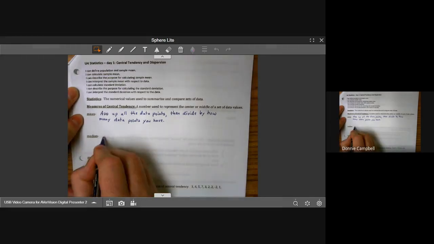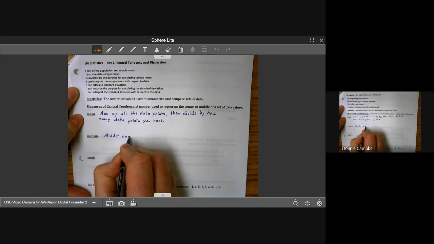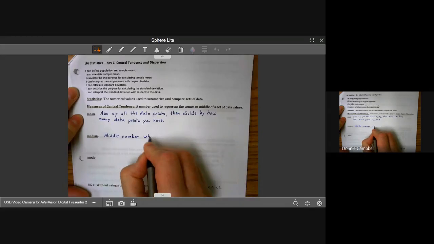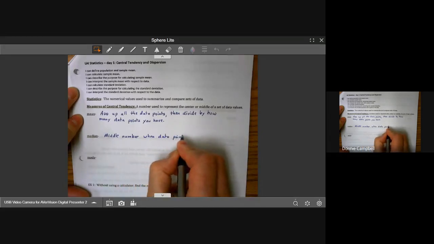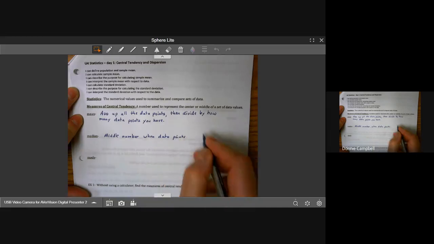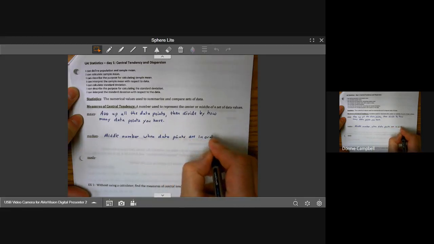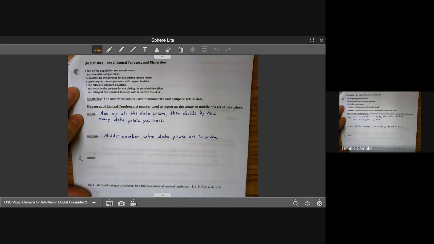Median is the middle number when the data points are in order. If you got an odd amount of numbers going from smallest to biggest from left to right, then it's the middle number.